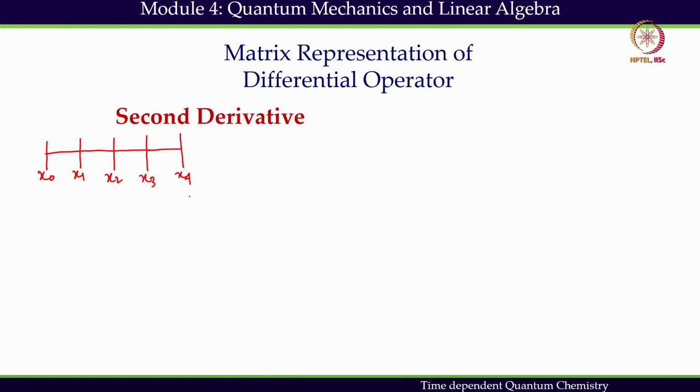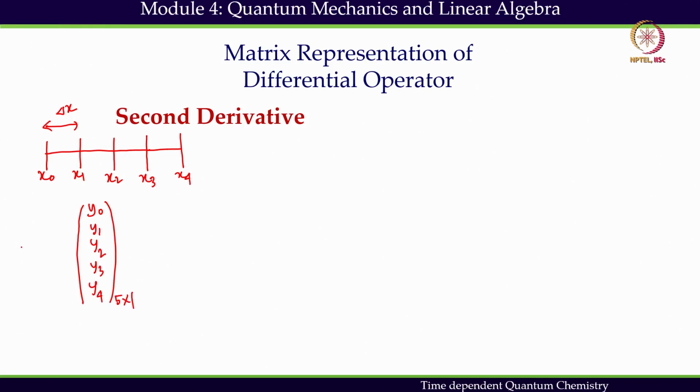This is the very small grid I have selected, and obviously the difference between adjacent grid points is delta x. Now under this grid, the wave function is represented by y0, y1, y2, y3 and y4, so it is a 5 by 1 matrix.